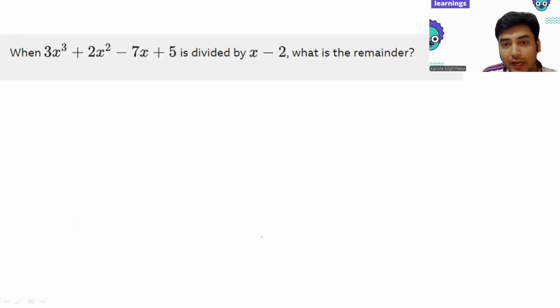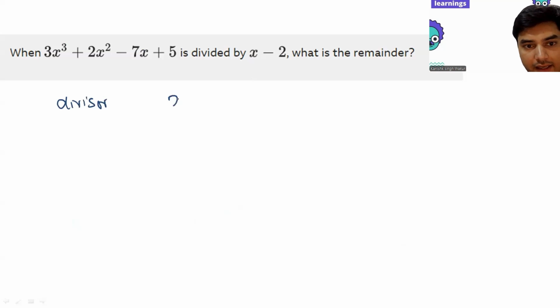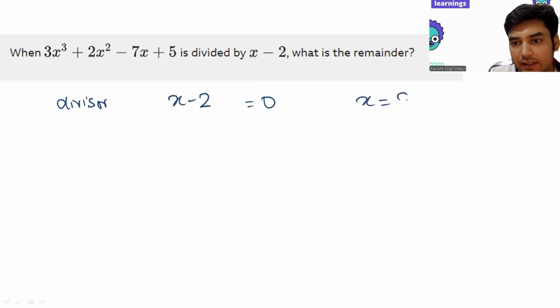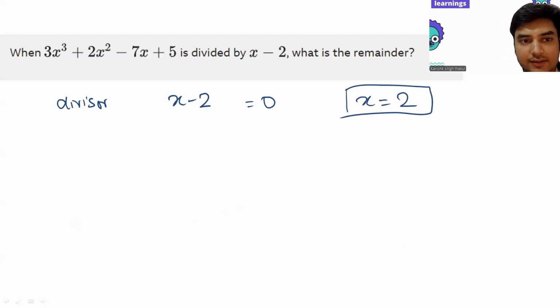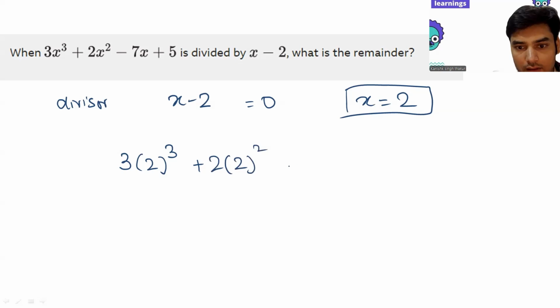Now, if we have to find the remainder, the method I told you is to directly equate this divisor with 0. What is my divisor here? My divisor is x minus 2 here. So I'll equate this with 0. So x, I will get as 2. And I'll directly put this x equal to 2 here. So I'll get 3 times 2 cube plus 2 times 2 square minus 7 times 2 plus 5.